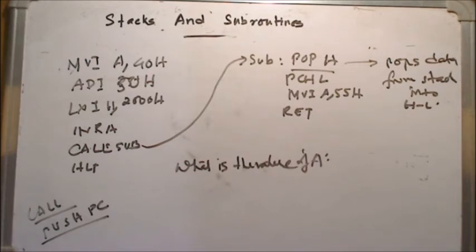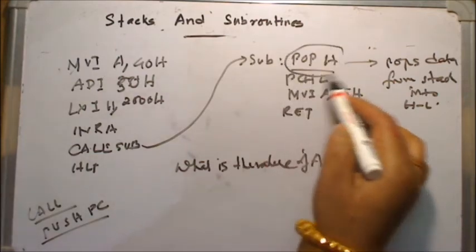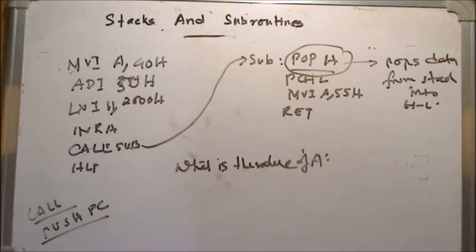So the return address was stored in the stack, of course in two locations. So the first line of the subroutine is a disaster, okay? Because you have popped the return address into the HL pair.